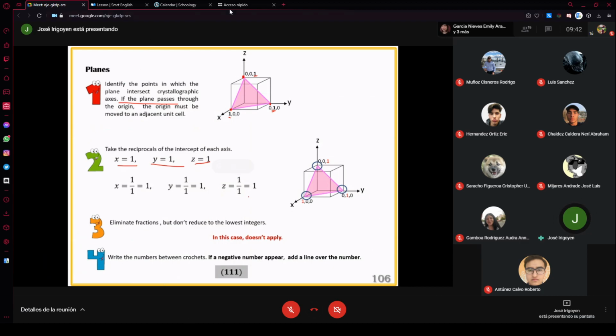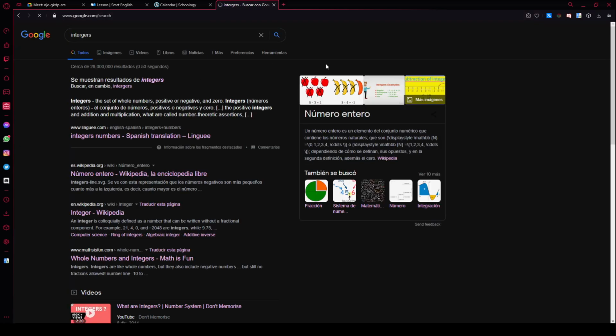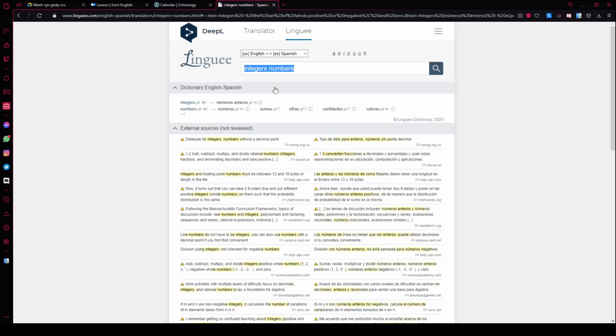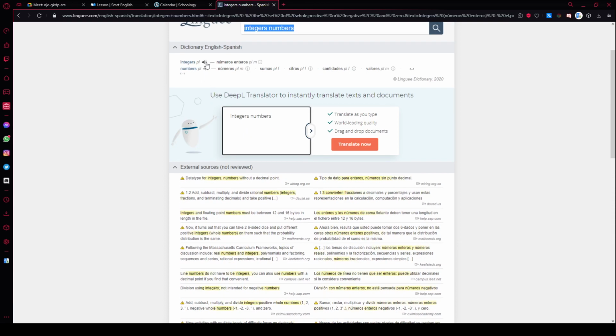We have only 1. So we're going to write the numbers between brackets. In this case, not brackets, it's going to be between parentheses, right? Like this. And if you have a negative number, you're going to do the same thing. You're going to add a line over the number, right? Questions on how to assign a Miller index to a plane? I think it's quite clear.